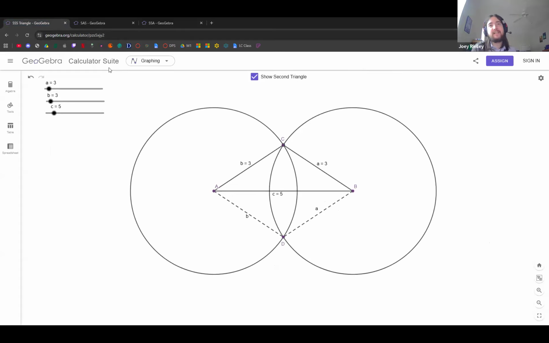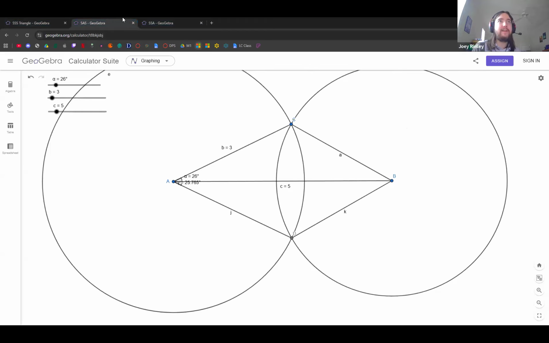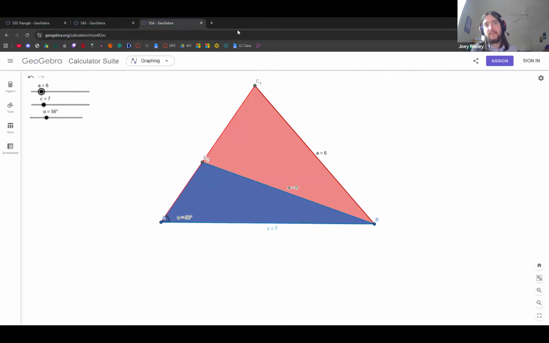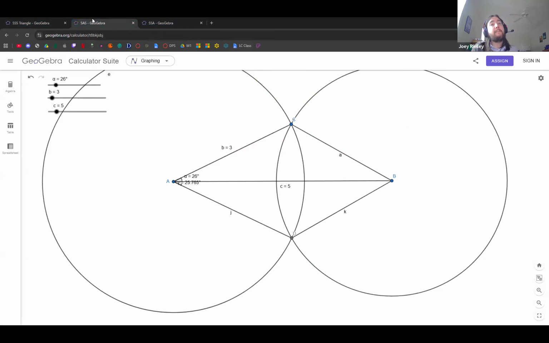Like we could say SSS does constrain that, SAS does constrain that, SSA doesn't, just because you can find them. Okay.